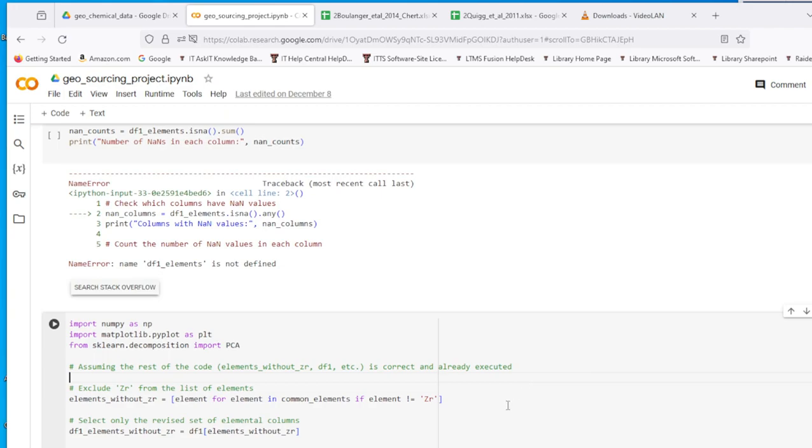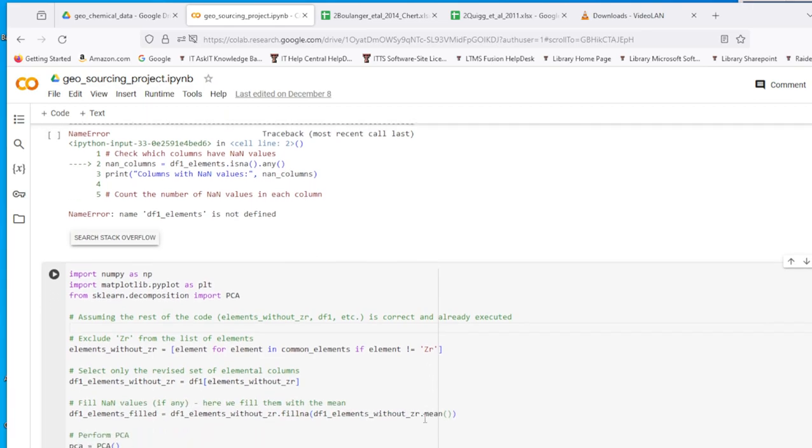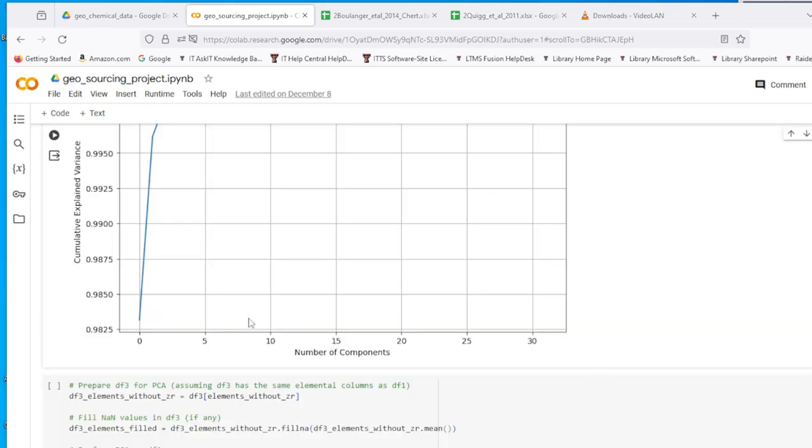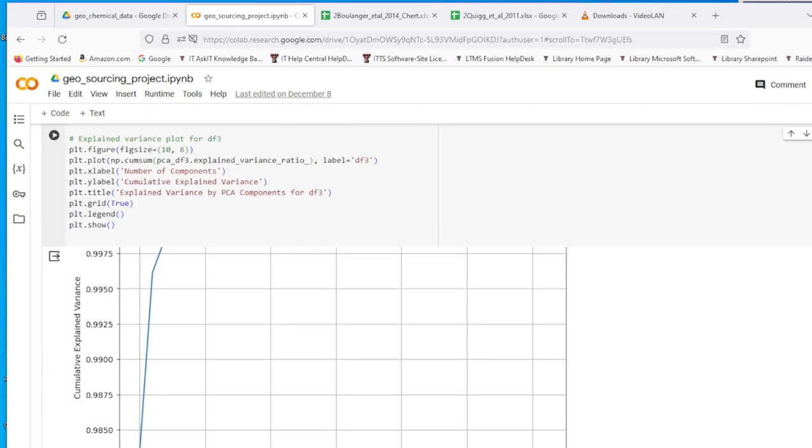If you look over here, here is the initial run through with NumPy and Matplotlib for our initial representation for PCA. Now, this is not very telling, as you can see looking at these.